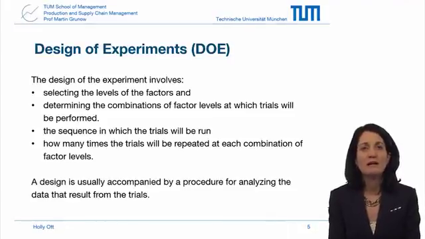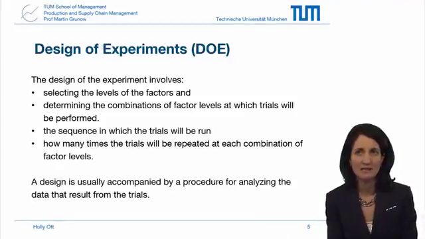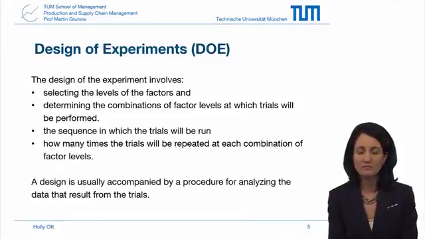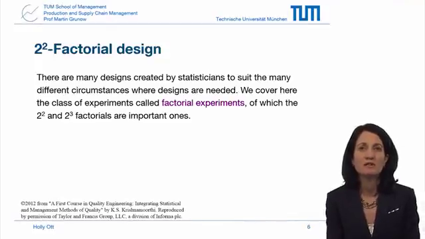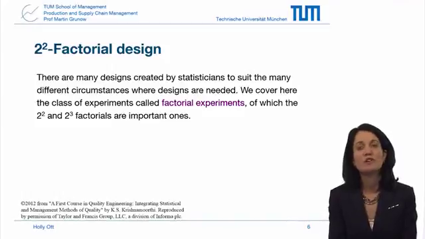An experimental design is usually accompanied by a procedure for analyzing the data that result from the trials. So there are many designs created by statisticians to suit many different circumstances where designs are needed. We cover here the class of experiments called factorial experiments, of which the 2x2 and 2x3 factorials are the most important.